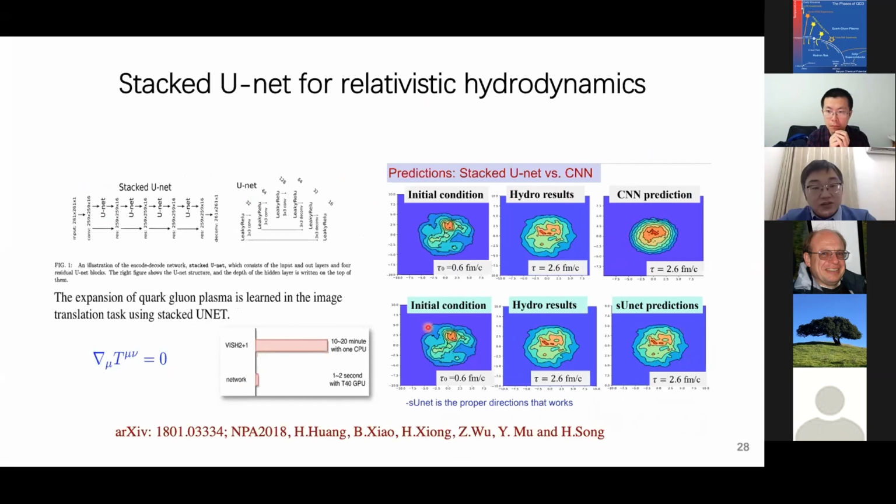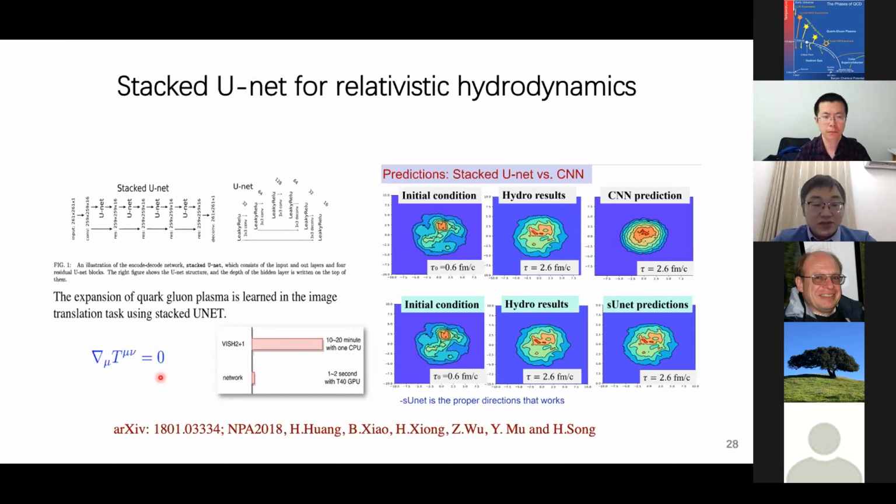This U-Net was originally developed by biomedical people to locate tumors, and it is used here to solve relativistic hydrodynamics as an image translation task. And it is 600 times faster than the original VISHNU 2+1.